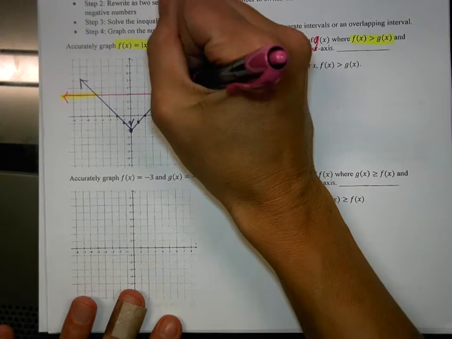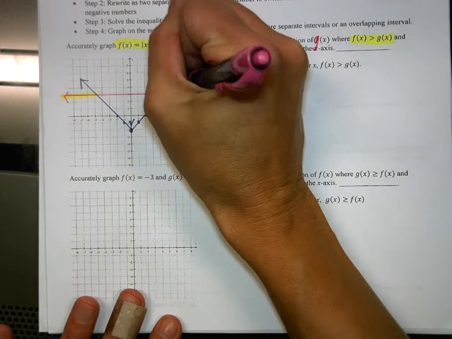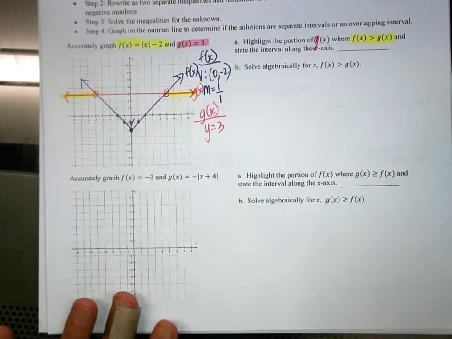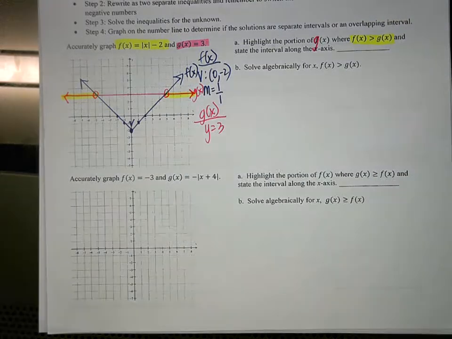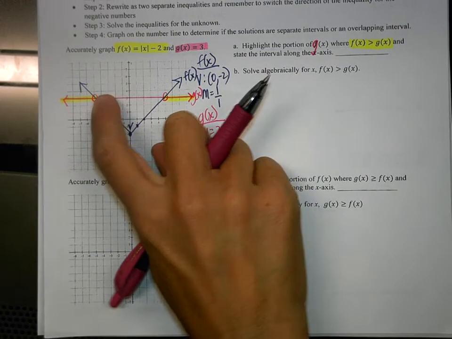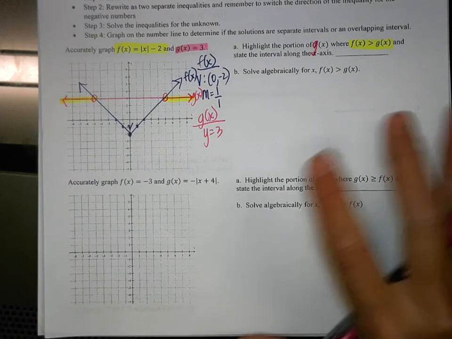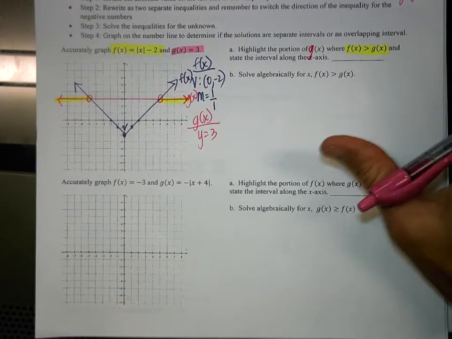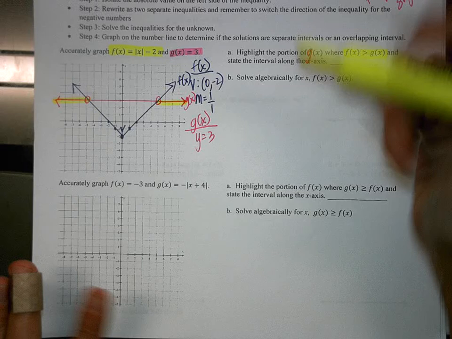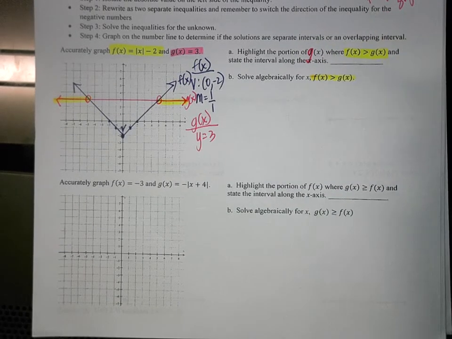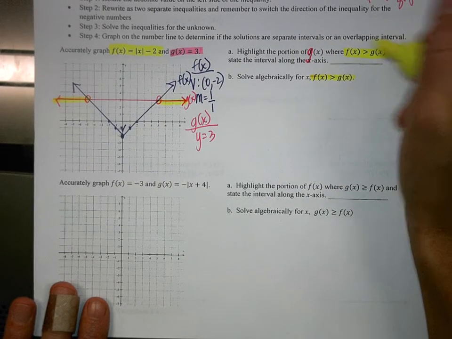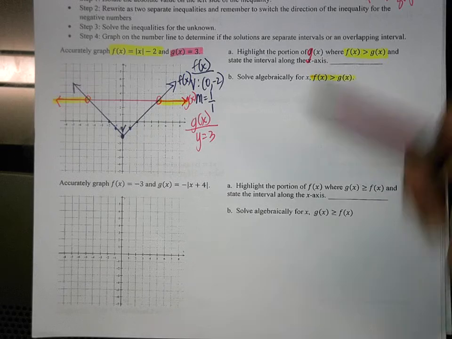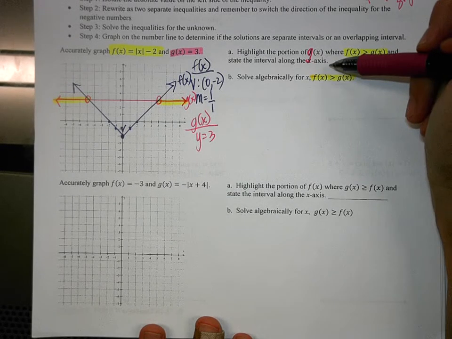I want you to pay attention here to this and this, where it starts, and notice how it's highlighting to the right, and here where it starts and it's highlighting to the left. We're going to come over here and solve algebraically now. They are saying f of x is greater than or equal to g of x, just like what we did here. Oh, I forgot. It says state the interval along the x-axis.